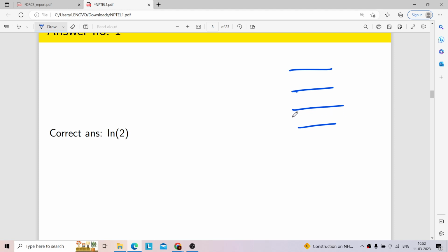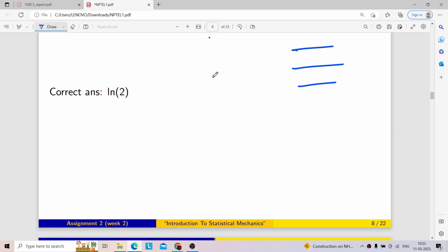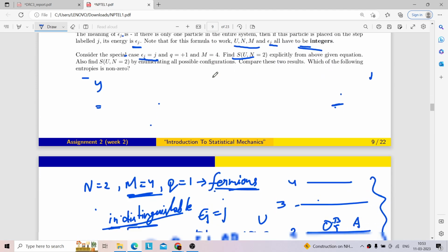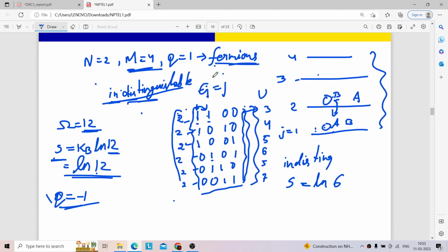So I have 4 states, and now they are bosons. Can you show me the earlier slide where you calculated Kb ln 12 for fermions? Yes, here. So when we go for bosons, it comes around S equal to ln of 6.